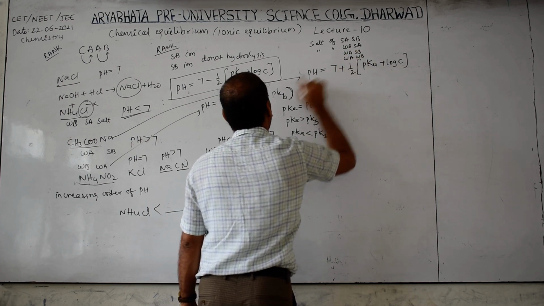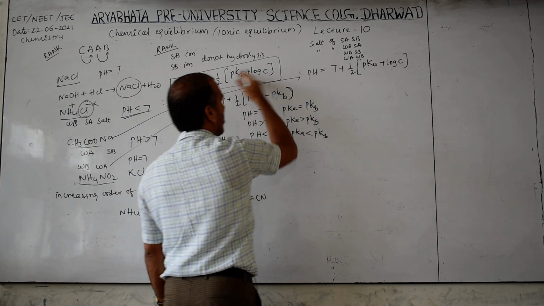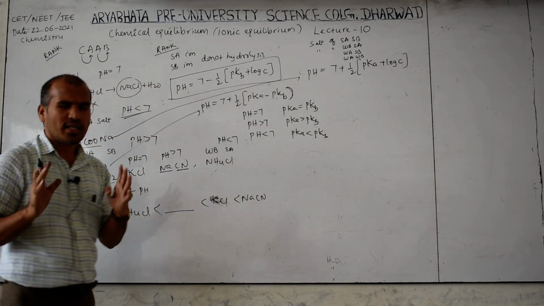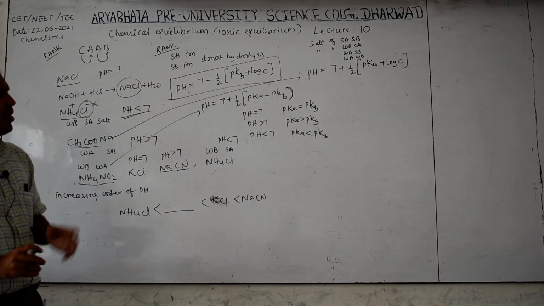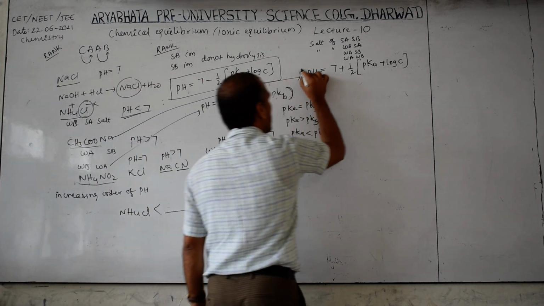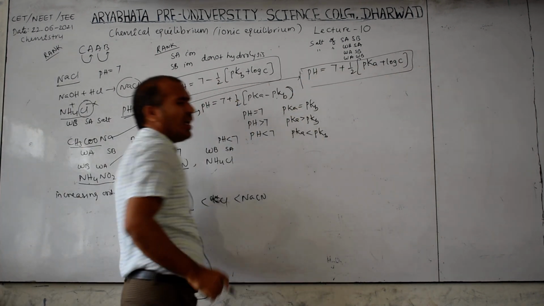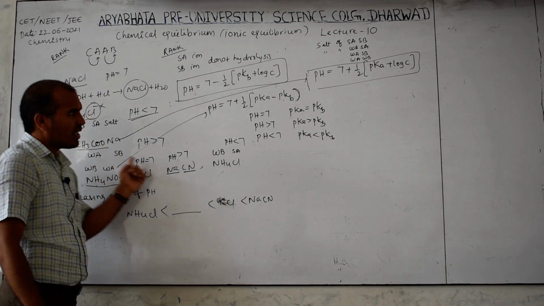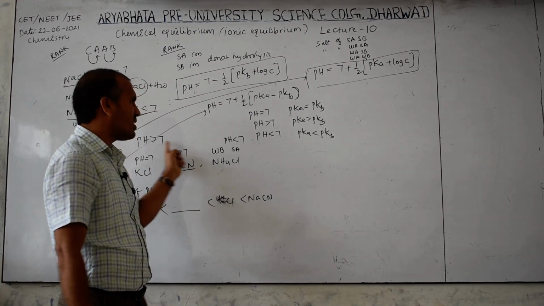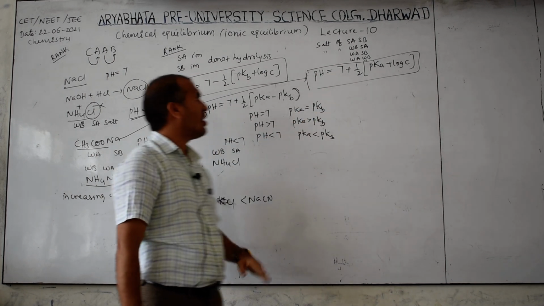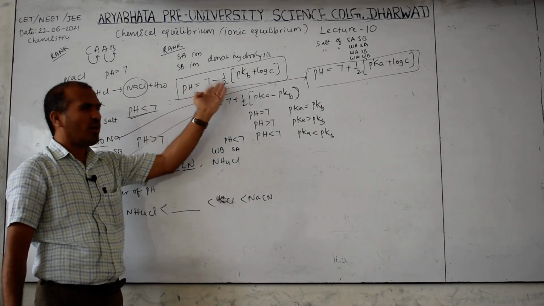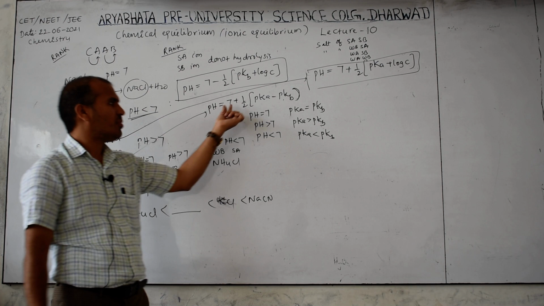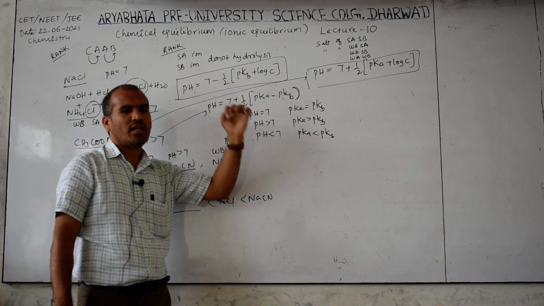The weak acid weak base formula is here, and the remaining I already gave. They will ask these formulas directly in the examination, so you have to remember them. If not, at least remember the concept based on the dominating character. Here greater than 7 means 7 plus should be there. Here less than 7 means 7 minus should be there. That you have to remember.